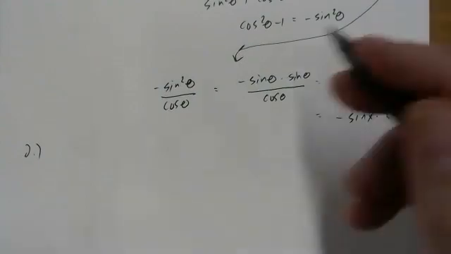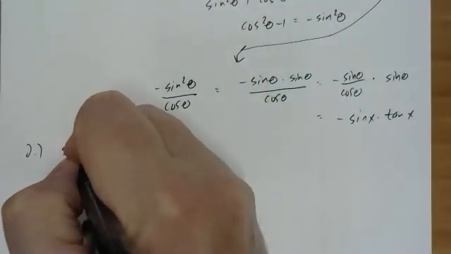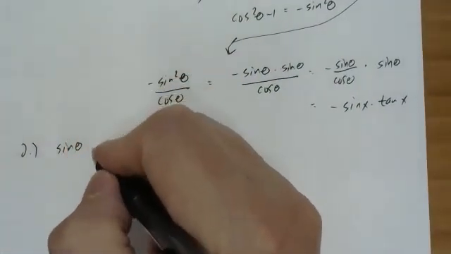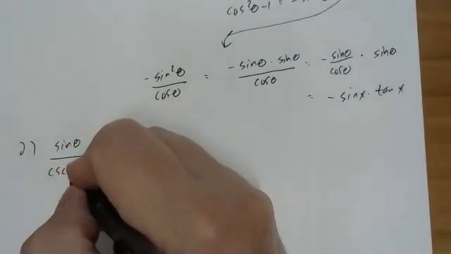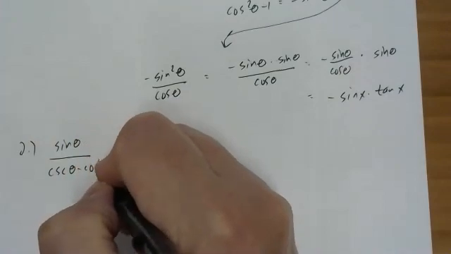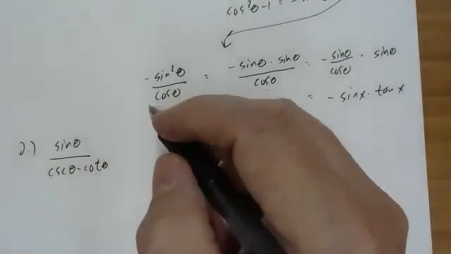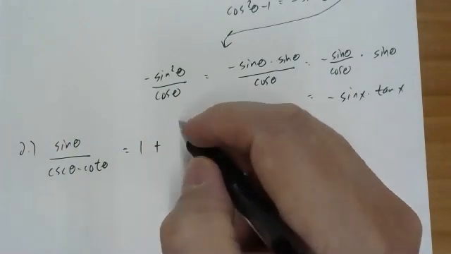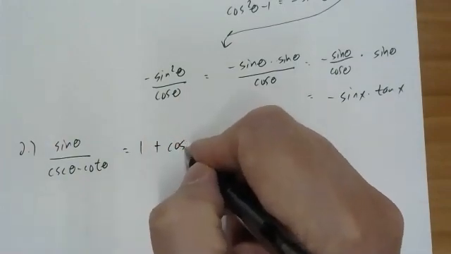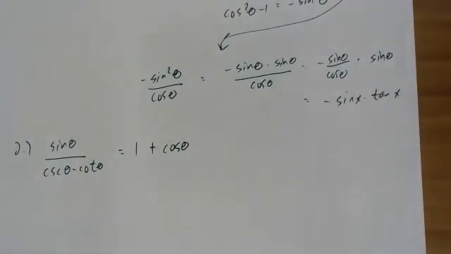Number 2, sine theta over cosecant theta minus cotangent theta. And we're going to show that that equals 1 plus cosine theta.